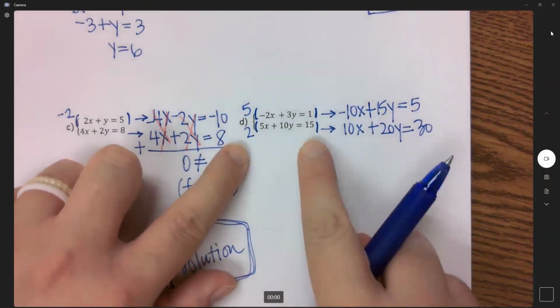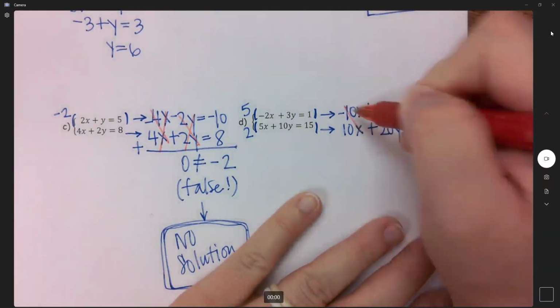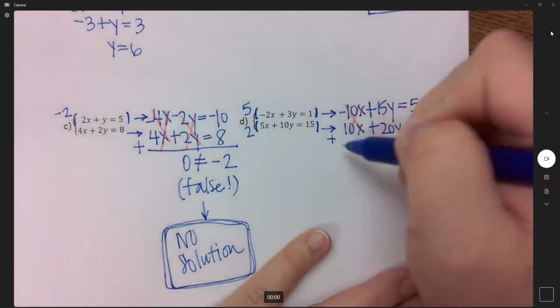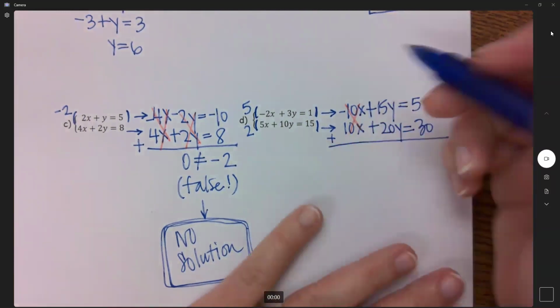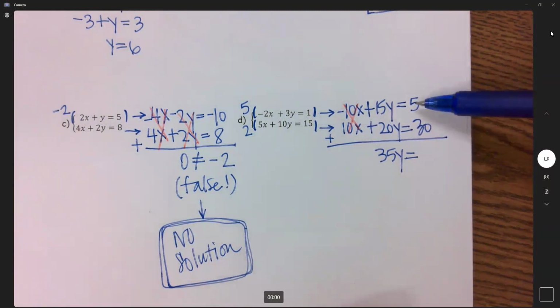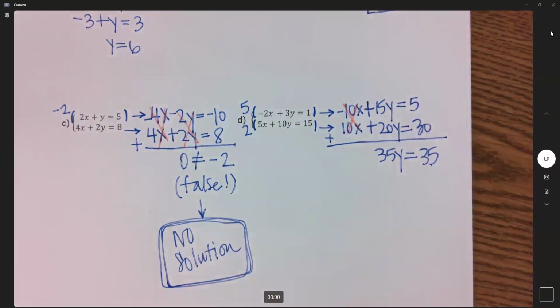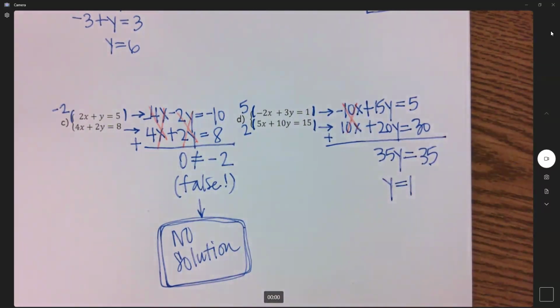Okay, again, remember to do 2 times 15. So now we have positive and negative 10. So those are going to cancel. Nothing else cancels here. So let's add what we have left. 15 plus 20 is 35y. 5 plus 30 is 35. Divide that 35 over, and we get y is 1.